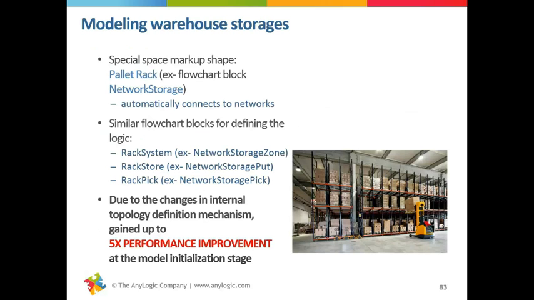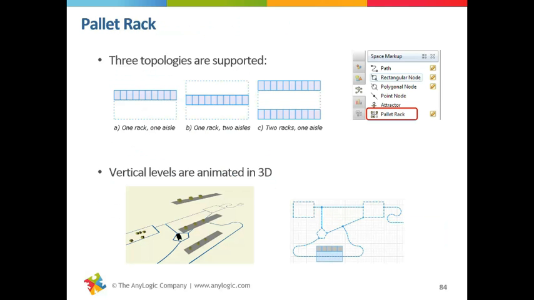AnyLogic 7 has new warehouse storage capabilities, which result in up to 5 times performance improvement in models. 3 rack topologies are now supported: 1 rack 1 aisle, 1 rack 2 aisles, and 2 racks 1 aisle.